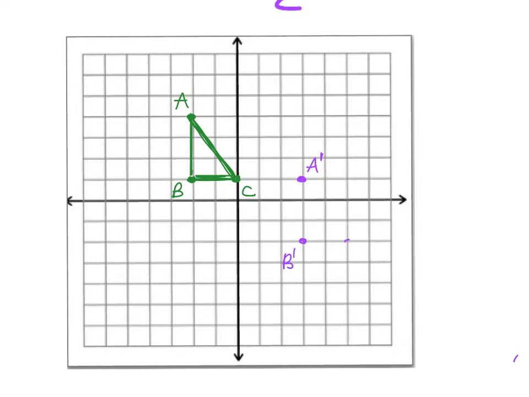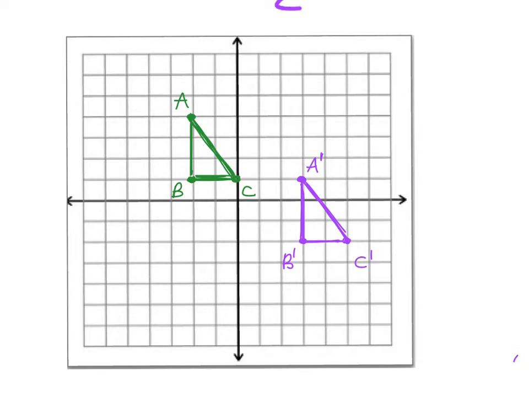And 2 to the right from there is C prime. So we are trying to come up with what rule got us from triangle ABC to triangle A prime, B prime, C prime.